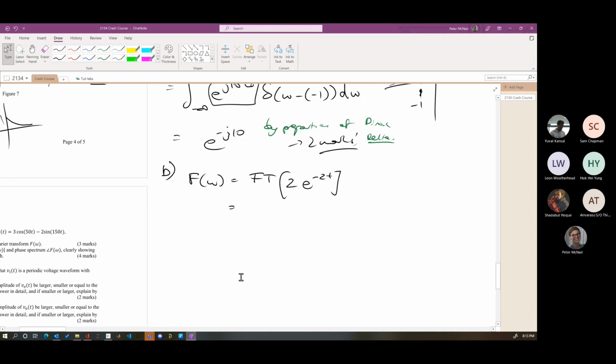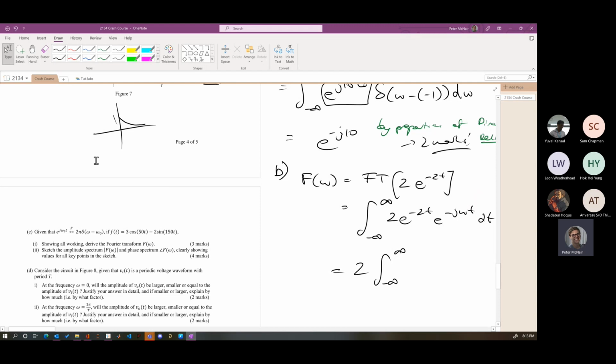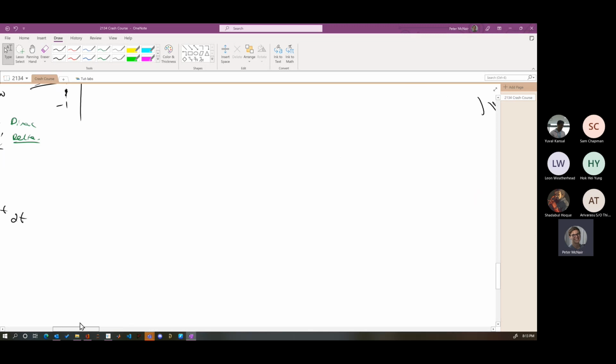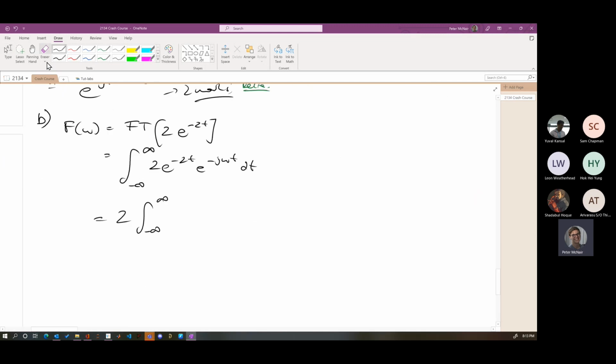And again, let's just write out the expression. It's pretty standard by now. e to the minus j omega t dt. These are going to combine, so we're going to have a 2. But we don't actually need to go from minus infinity, right? It's 0 beyond there. So let's just go from 0 to positive infinity.